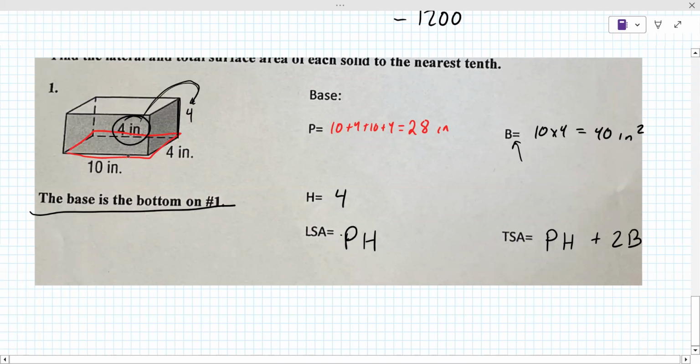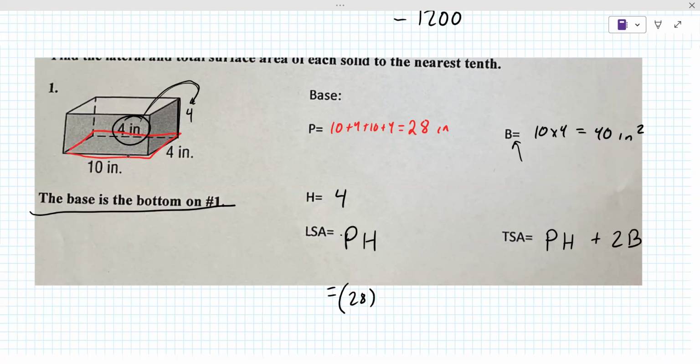Okay, so your perimeter is 28. Your height is 4. So 112 square inches is the lateral surface area. And then it's 2 times B. B is the area of the base, which is 40 in this problem.